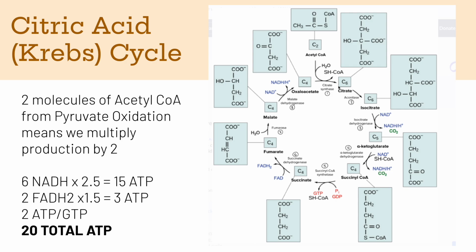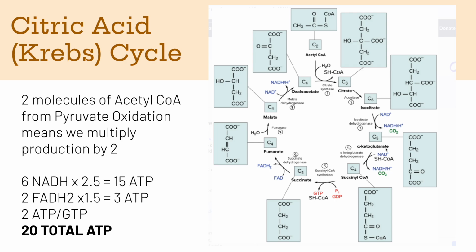So early on, as we go from citrate to isocitrate, that isocitrate to alpha-ketoglutarate process from this isocitrate dehydrogenase takes us from the NAD+ to NADH, so we pick up another NADH in that process there.